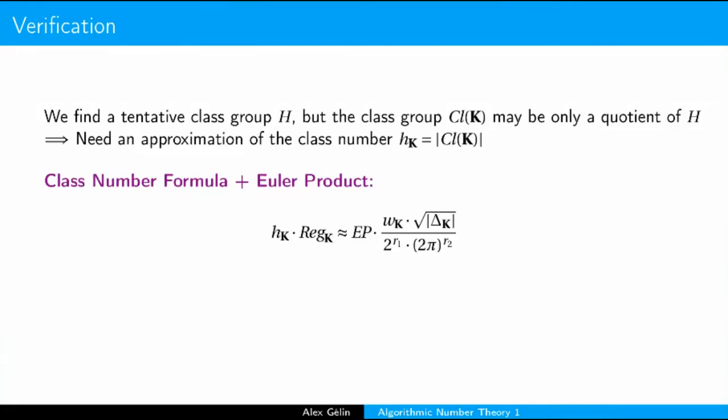If my candidate is not the class number, then its cardinality is an integral multiple of the real class number. So if it's not the good one, it's 2 times or 3 times the good one. And it's exactly the same for the regulator. So if this equality is verified, there cannot be a balance between both of them. The class number and the regulator must be the good ones.